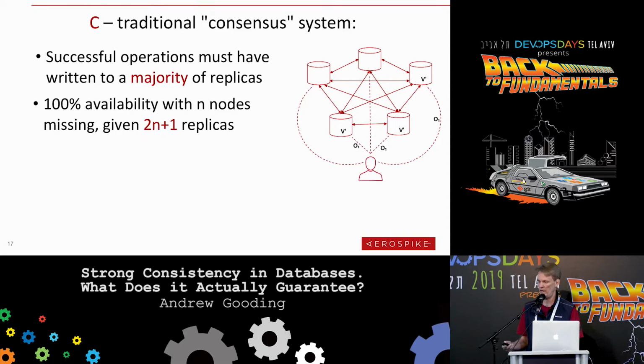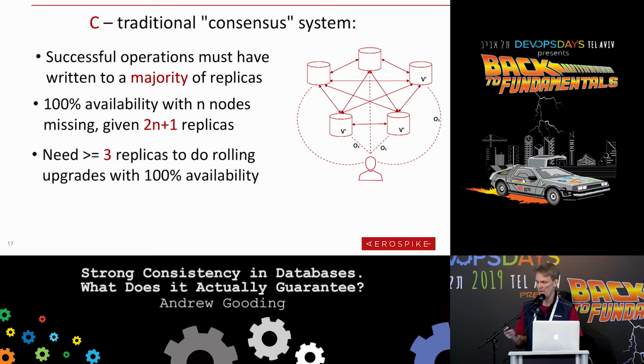So a corollary is that you can get 100% availability with n nodes missing as long as you have 2n+1 replicas, because you need a majority to have a successful write. Which means that just to do a rolling upgrade in this sort of system, you need at least 3 replicas. You need replication factor 3 to do this without losing any availability.